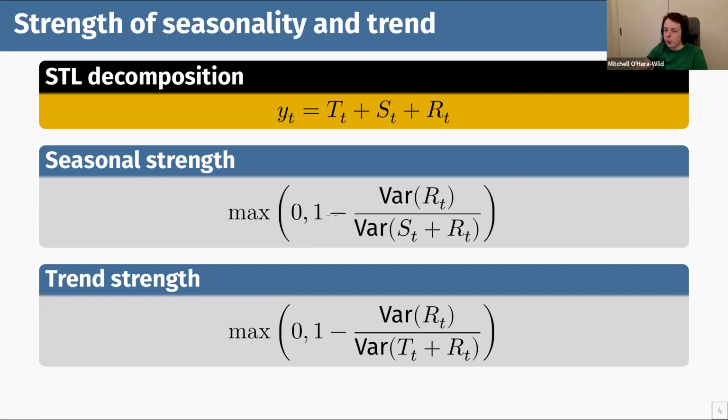But the amount that we subtract is going to get smaller if the seasonal variance is large. So if the seasonal variation is large, this number will be closer to 1. The remainder here is sort of for scaling between 0 and 1. The same is said for the trend. Instead of seasonality, we now have trend, and it works very similarly.